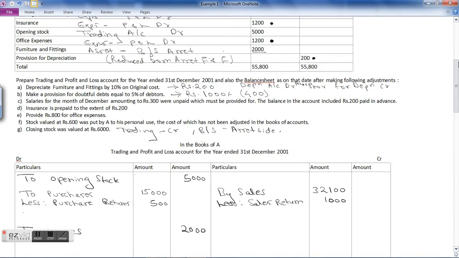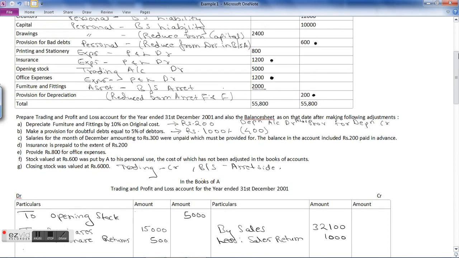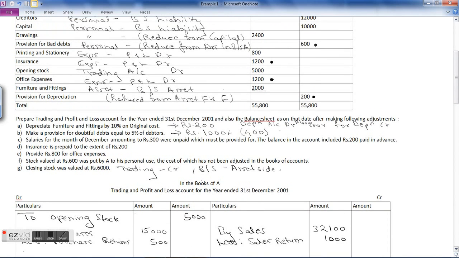For the additional provision for doubtful debt, the entry will be provision for doubtful debts expense account debit to provision for doubtful debts. Since this is a provision for doubtful debts expense account, we have just temporarily created it.